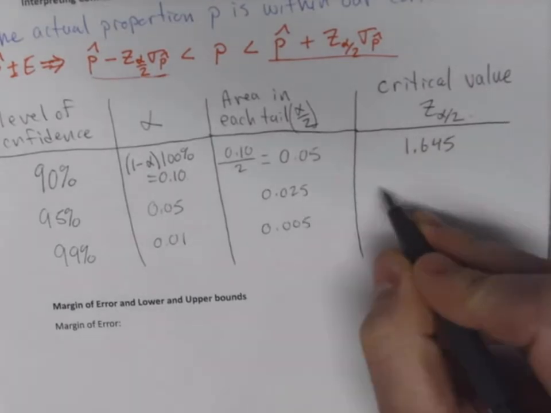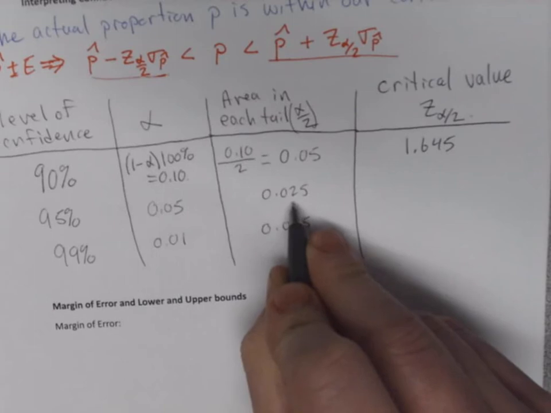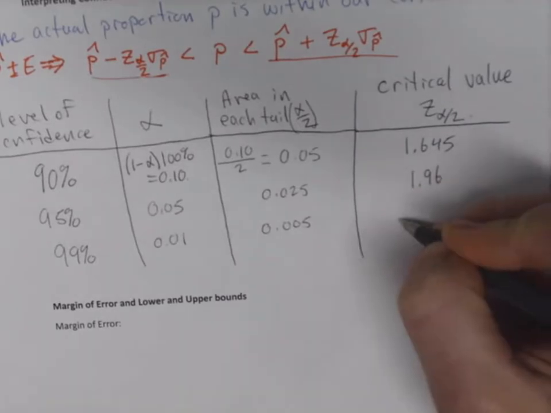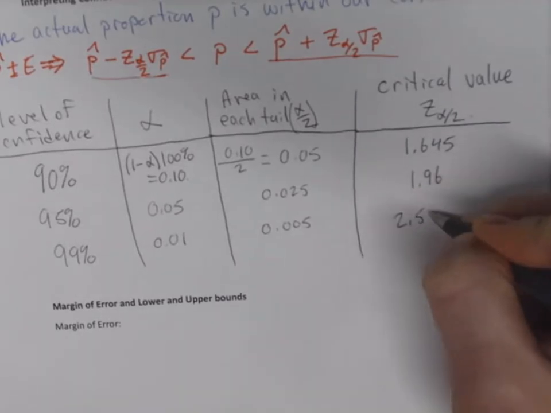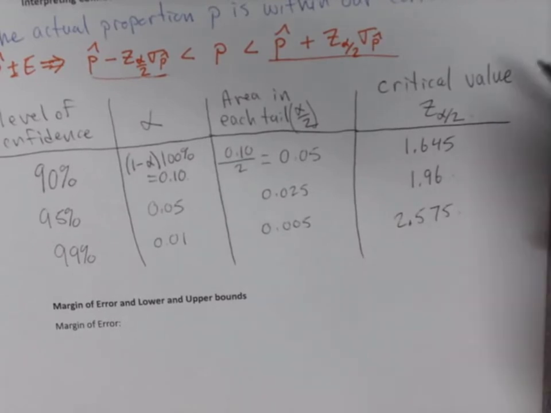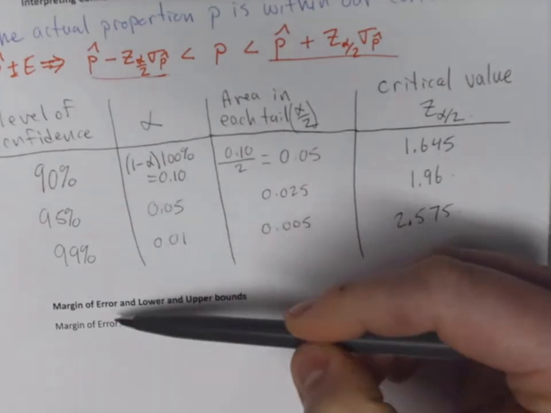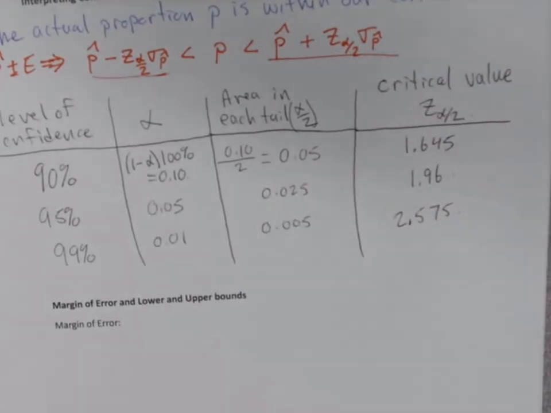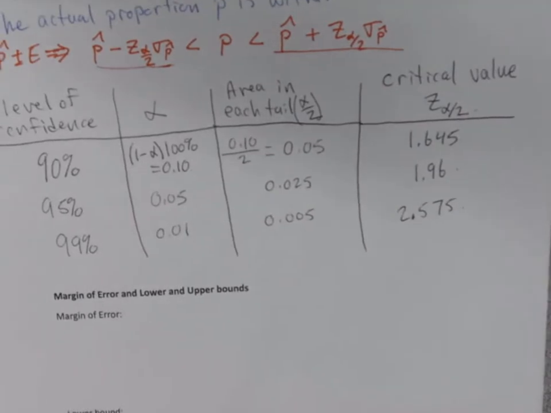And here on a 95% confidence interval, Z alpha over 2 critical value is 1.96. And here it's 2.575. All right, I encourage you to try to work these and find these yourself. I won't always give you easy values like these. All these values are on the bottom of your Z table, so that's also helpful to know and have.